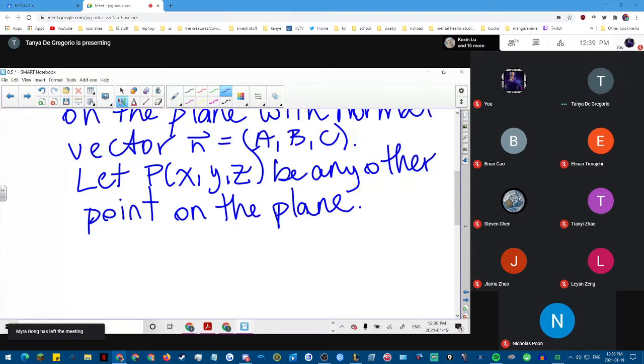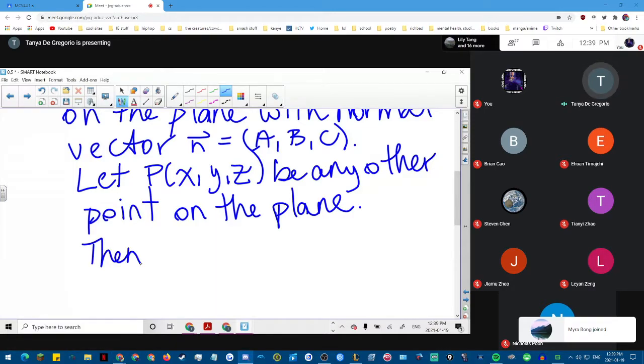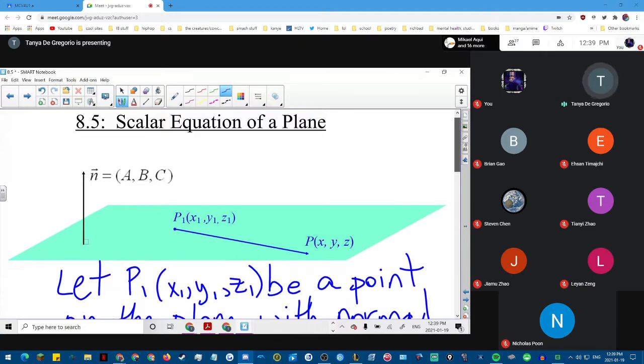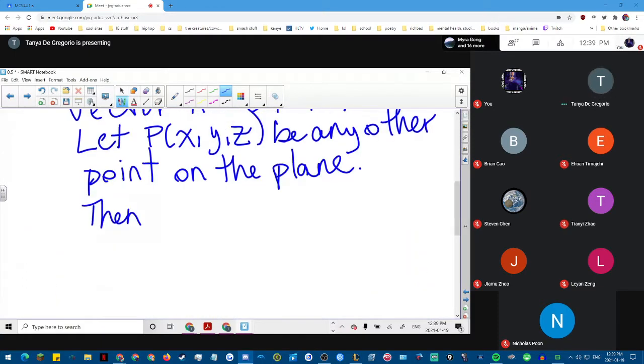All right. So if that's the case, then I know that the vector created by P1 and P is perpendicular to the normal vector ABC. So if I take the dot product, it should equal 0.